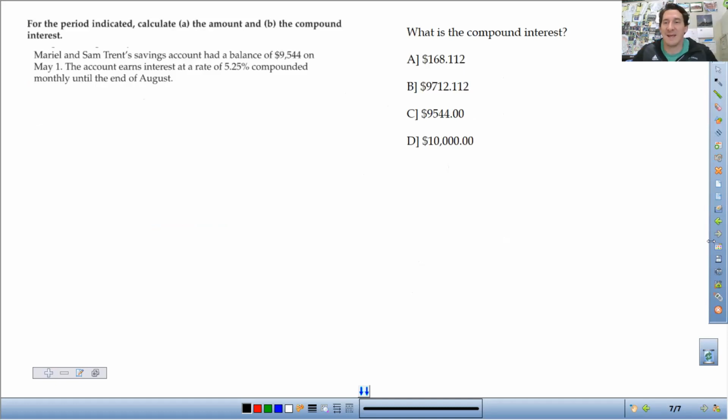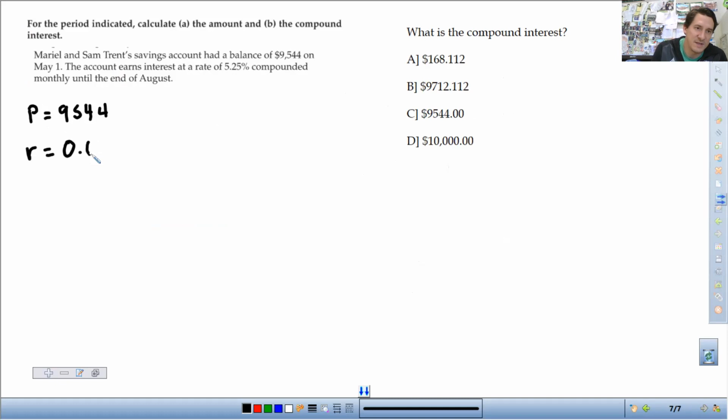So here, let's look at an example of what to do if your time is not a full year. So it's not a year or 2 years, we're doing a fraction of a year. So here we have Mariel and Sam. They have a savings account with a balance of $9,544 on May 1st. The account earns 5.25% interest, so that's 0.0525.